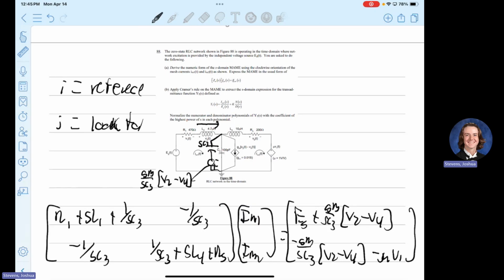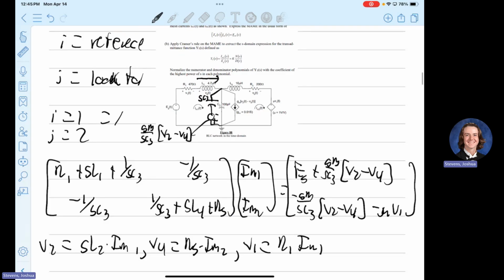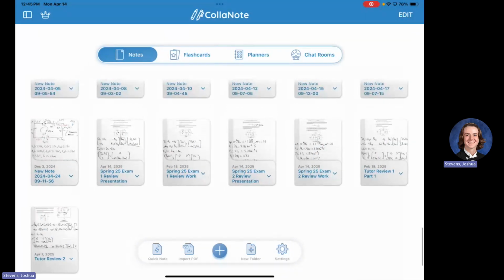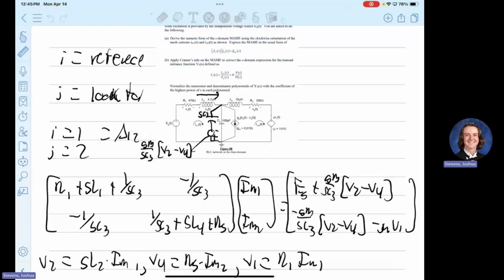Where is our reference? What mesh is our reference? What are we looking for? You're looking for IM2. Does that kind of make sense?